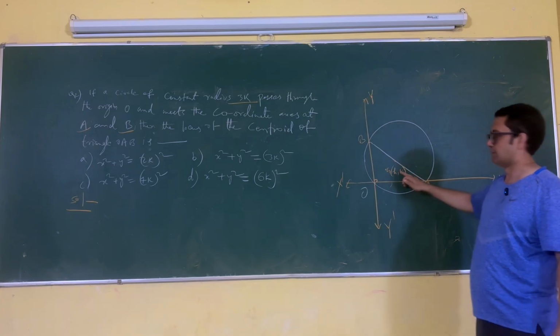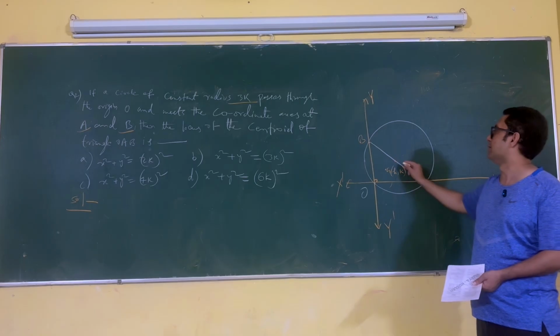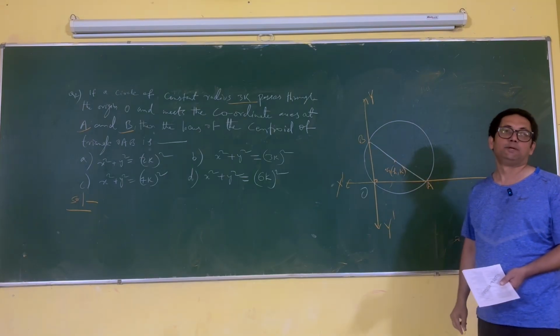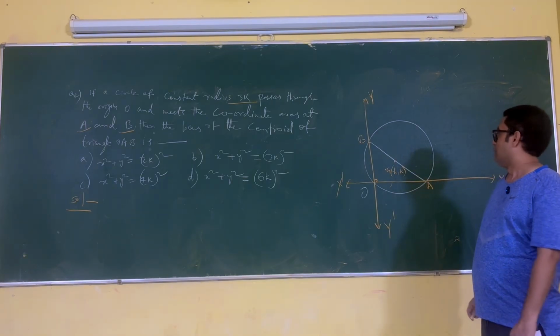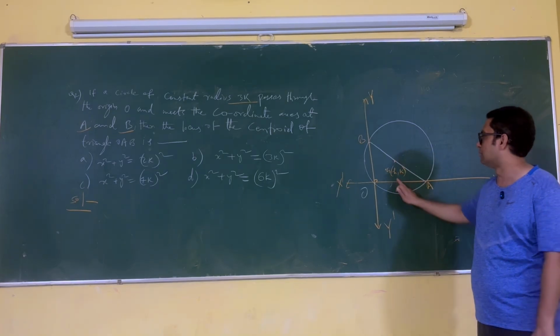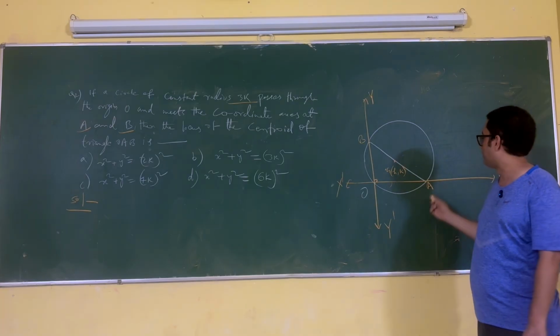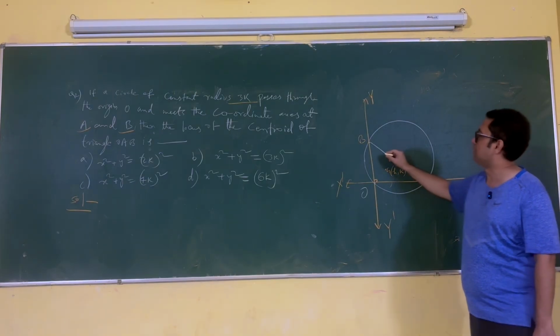So, did you understand this? There are two different concepts here. First is the centroid, and this point will be your circumcenter. So if h and k are the coordinates of the centroid, then what would be the coordinates of A and B?